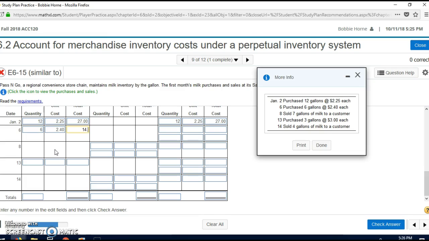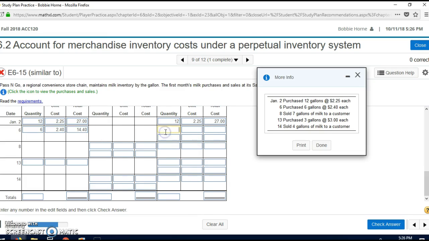So the purchases part does not change regardless of which method you're using. So now we have 12 at $2.25 for a total cost of $27, and we have 6 at $2.40 for a total cost of $14.40. Here's where it's going to change.